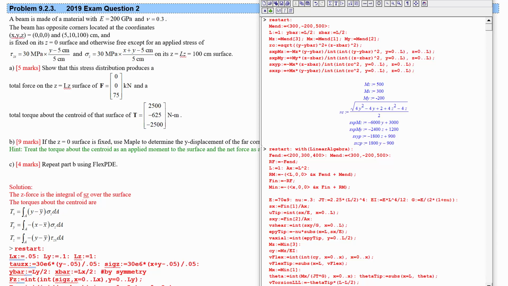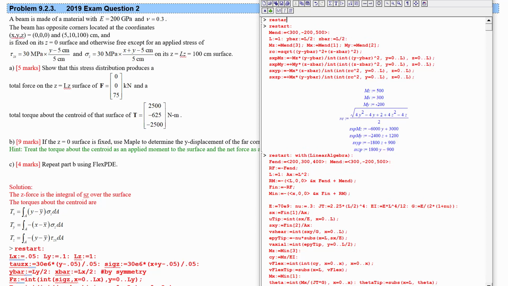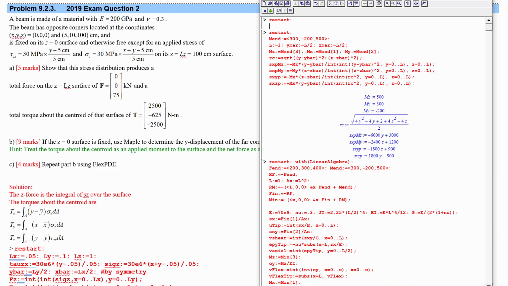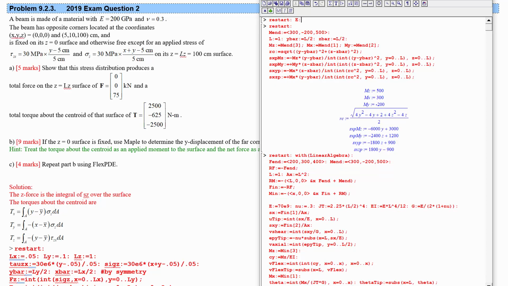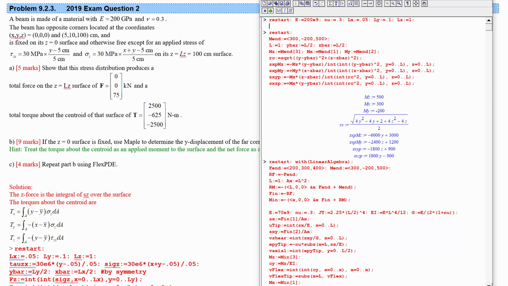So let's start off the first part of this by saying that we're going to enter the material parameters. E is 200E9, nu is 0.3, and we've got the lengths of this. Lx is 5e minus 2, so 0.05. Ly is 0.1, and Lz is 1. Now we can enter these stress distributions.